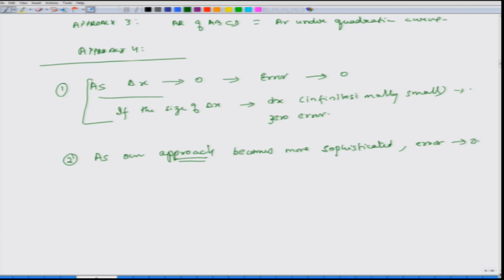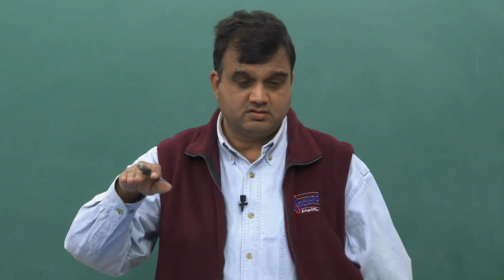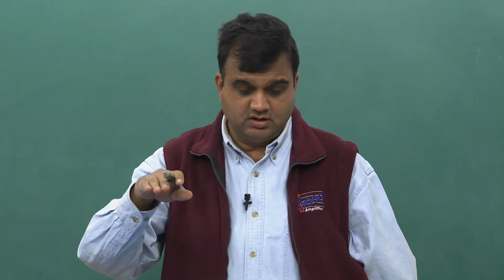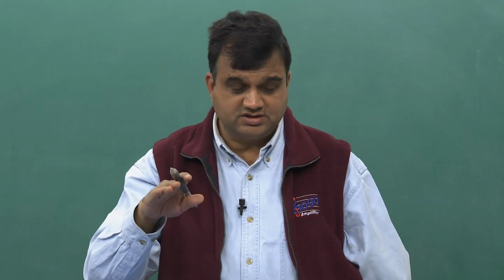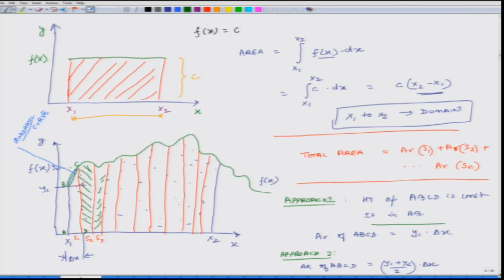Okay. This transition from point B to C, right, in first approach there was no transition, it was constant. In second approach it was linear transition. In third approach it was quadratic transition. And this function which helps in understanding the transition, so here it is a constant function in first approach, right, constant function.